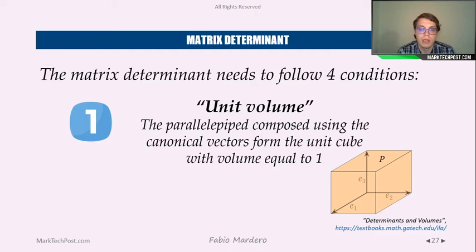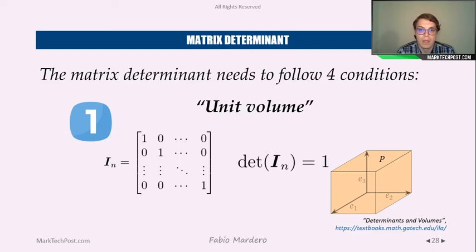We need to define a unit volume. So the parallelepiped composed using the canonical vectors, the standard basis, forms the unit cube, and we say that its volume is equal to 1. The parallelepiped generated by the canonical basis is the identity matrix. So here we can say that the determinant of the identity matrix should be equal to 1.